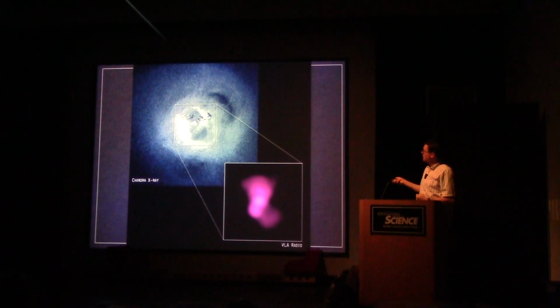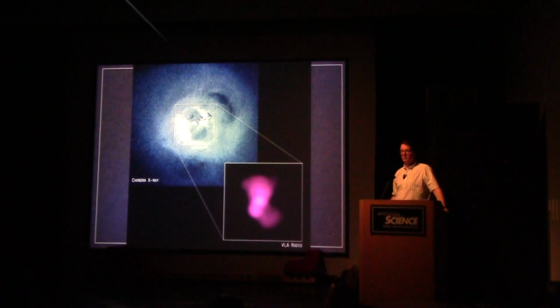And you can see that it's actually made holes in where the hot gas is, right? It's blowing bubbles in the gas in the center of this galaxy cluster, right? So the jets from the black hole are affecting the galaxy cluster as a whole and helping shape the galaxy cluster and shape what's happening in NGC 1275.